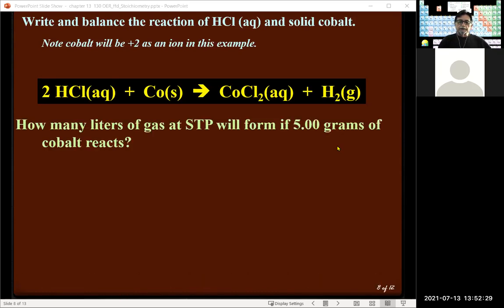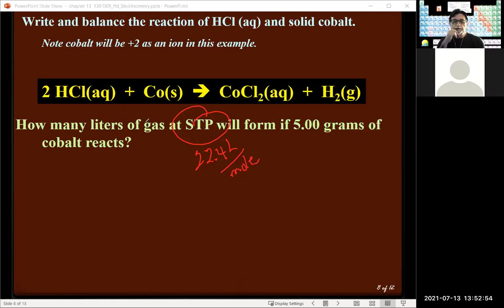Now, the question is, how many liters of gas at STP will form if 5 grams of cobalt reacts? All right. So let's identify who we are dealing with. First of all, we are at STP. What does that tell you? 22.4 liters per mole. Okay.